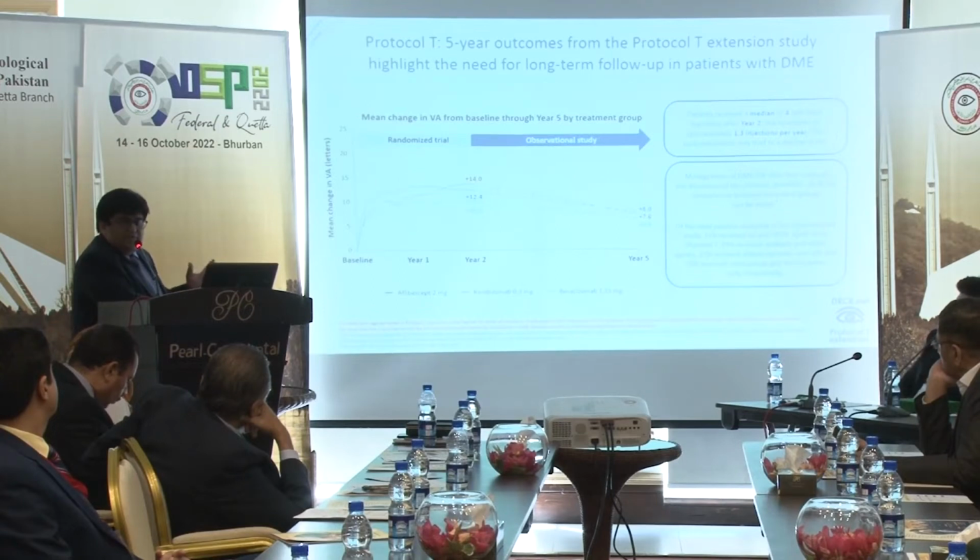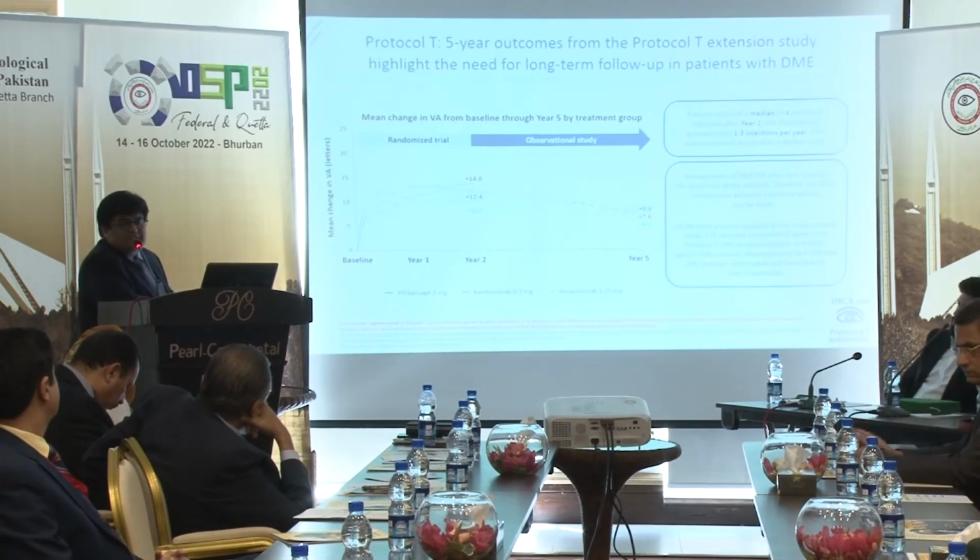I do the dilated fundus examination, and if I feel I should go for the OCT, or there is a dip in the visual acuity, then I definitely go for the OCT, compare, and ask for one more injection. So after 2 years it's on a PRN basis, but what they have recommended is that 4 injections a year after 2 years of the trial would sustain the visual acuity in the patients.